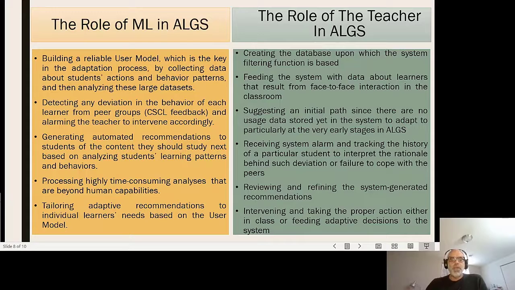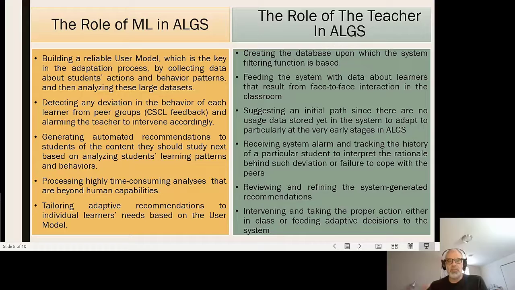So if we have the role of the teacher on one side versus the role of the machine learning on the other side, the teacher can be creating the database upon which the system's filtering function is based. So we have a whole bunch of content, we have a whole bunch of attributes that the collaborative filtering can work upon, feeding the system with the data about the learners and the results of the face-to-face interaction in the classroom and outside it, suggesting an initial path.